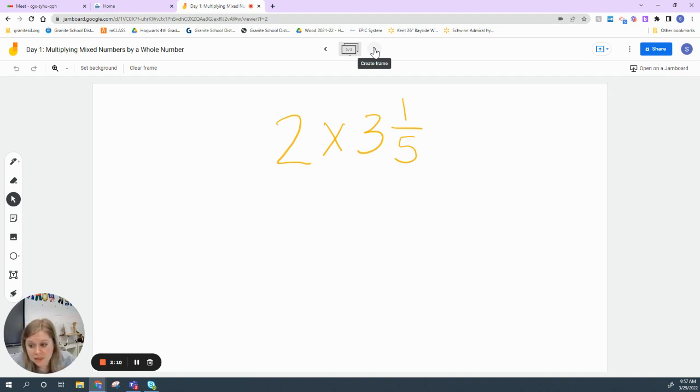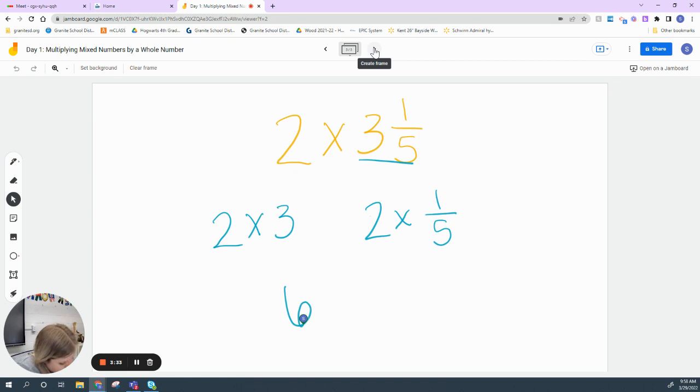So I'm going to separate this again. Remember, we're again multiplying by 2, so each of these numbers will be multiplied by 2. So 2 times 3 and 2 times 1/5. We get 3 times 2 is 6, and 2 times 1/5 is 2/5.